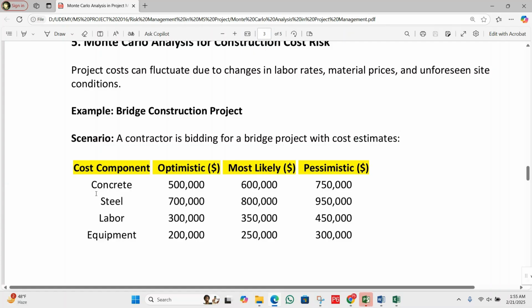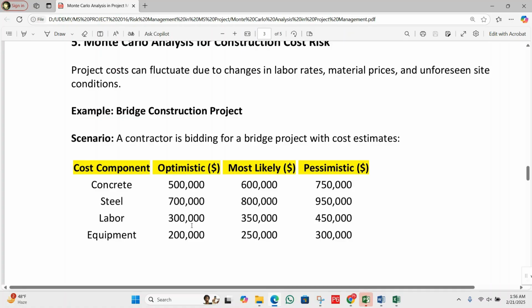For concrete, you can see here 500,000 optimistic, most likely 600,000, pessimistic 750,000 dollars. Okay, the amount is in dollars. Steel is 700,000, then most likely 800,000, and pessimistic 950,000.